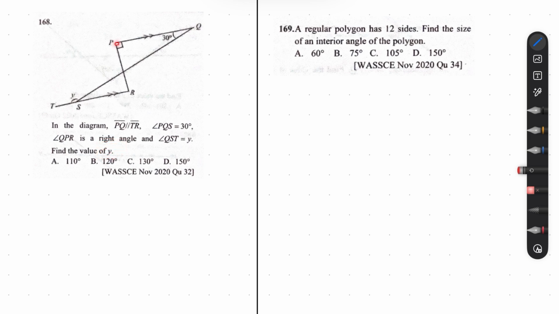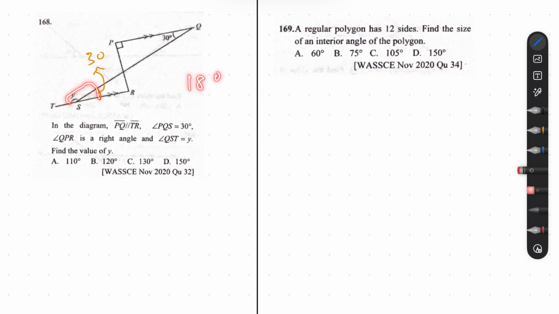Since these two lines are parallel, we can have alternate angles. So this angle here will be equal to this angle right here. So this angle right here is also equal to 30, because it is alternate to this angle. Now if this angle is 30, we can easily find y, because the sum of angles on a line add up to 180.